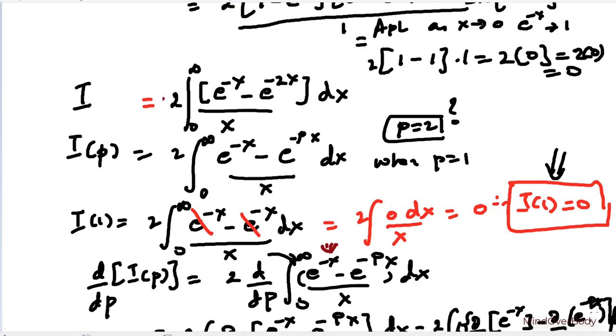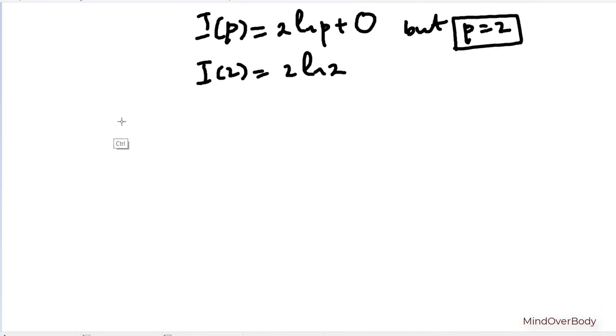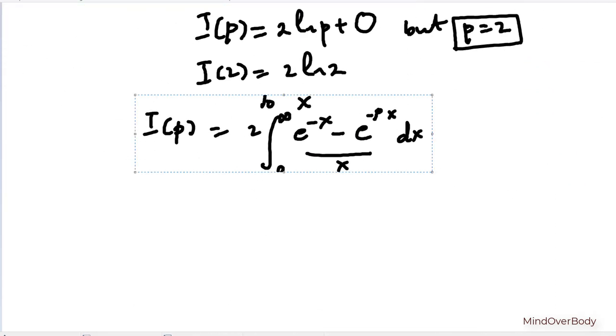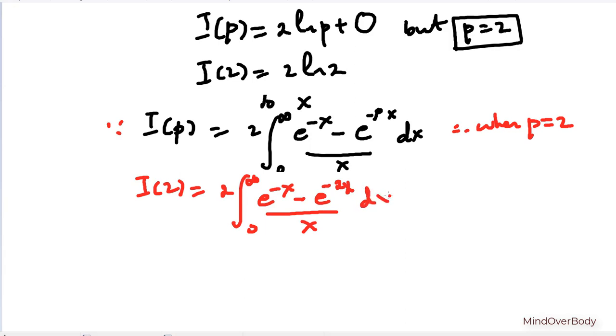So let me just copy this and give the final solution. Since I of p is defined as this, when p is equal to 2, I of 2 is equal to 2 times the integral from 0 to infinity of e raised to the power of negative x, minus e raised to the power of negative 2x, divided by x dx. This is I of 2.